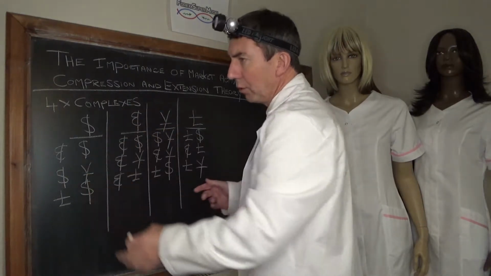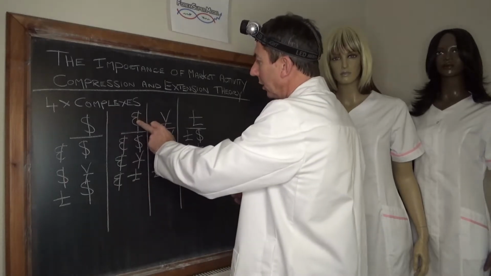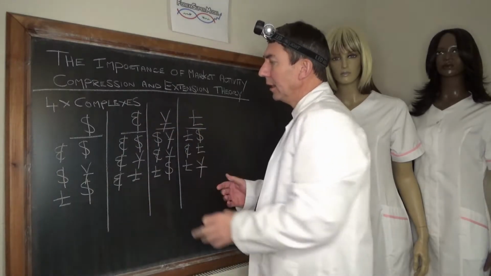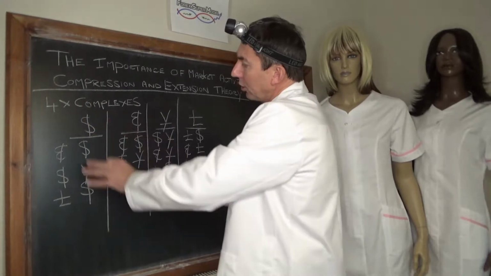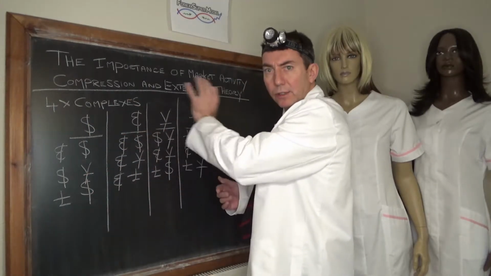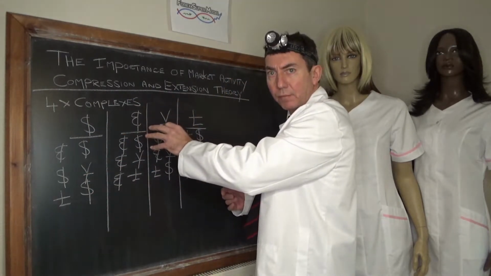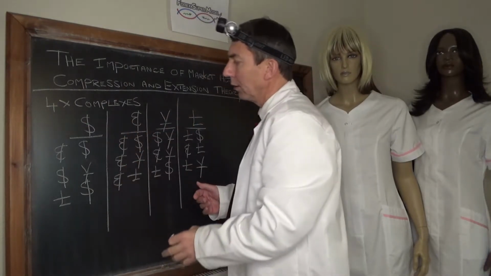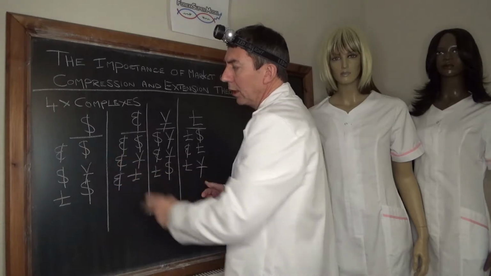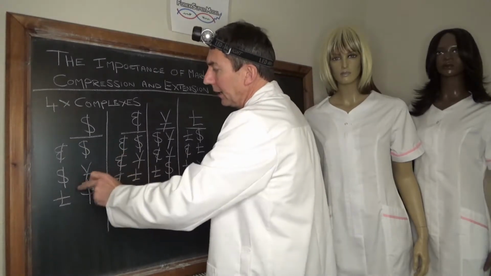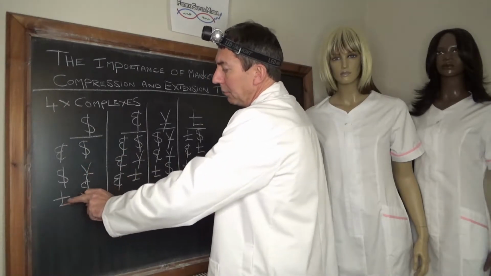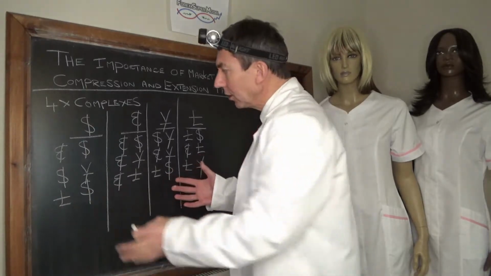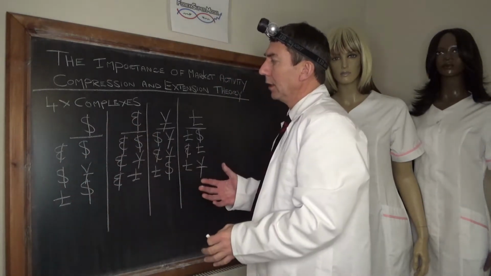So the 4 complexes are the dollar, the euro, the yen and the pound, and each complex is made up of the pairs of the other 3 components. For example, the dollar complex is made up of the euro dollar pair, the dollar yen and the pound dollar. So those 3 make up the dollar complex.